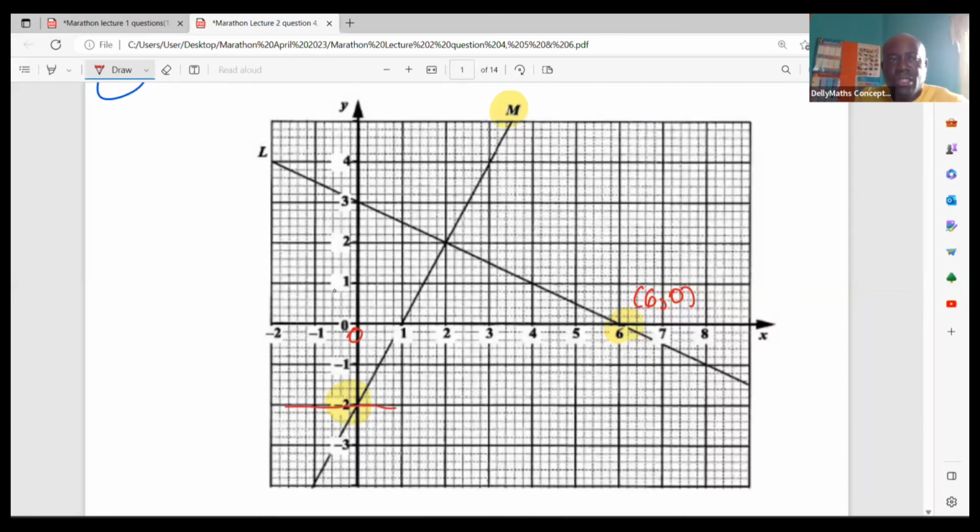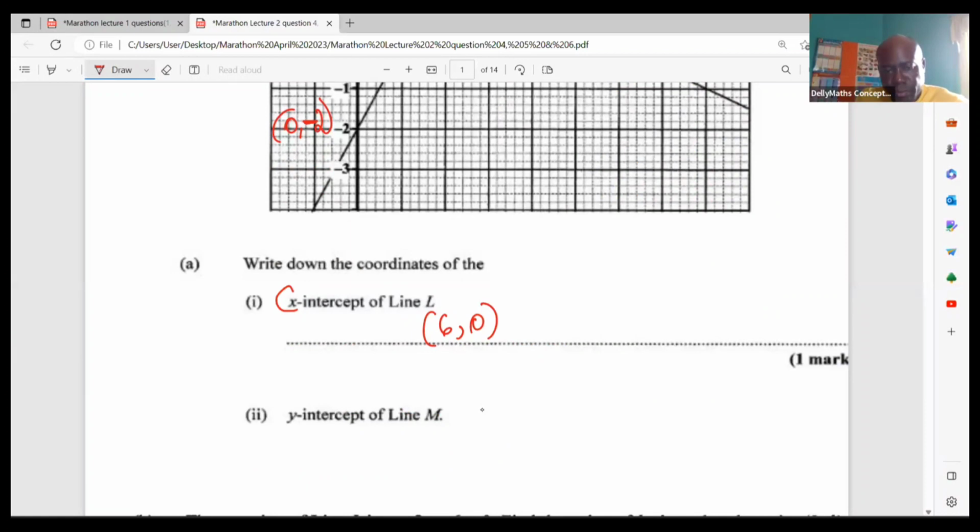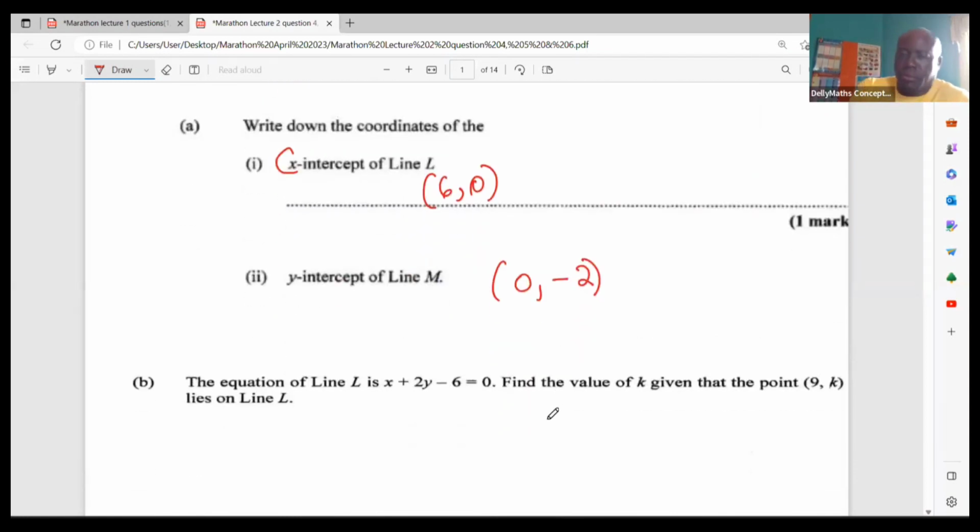So don't mix up the ideas. For this one, it is 0 meets -2. So let's write that: 0 meets -2. You get your mark and you're gone.